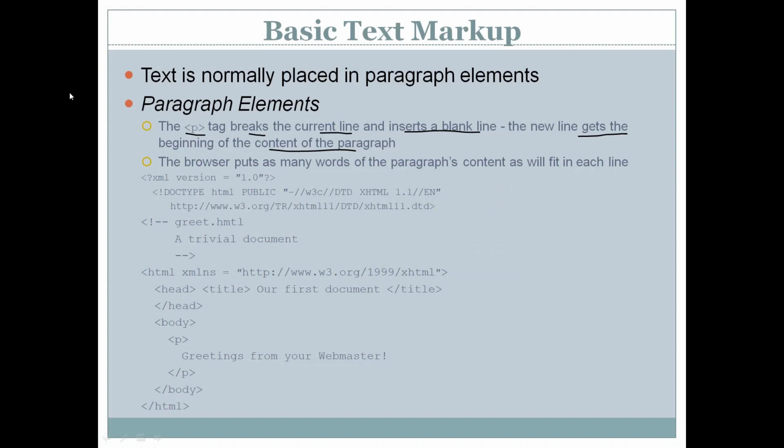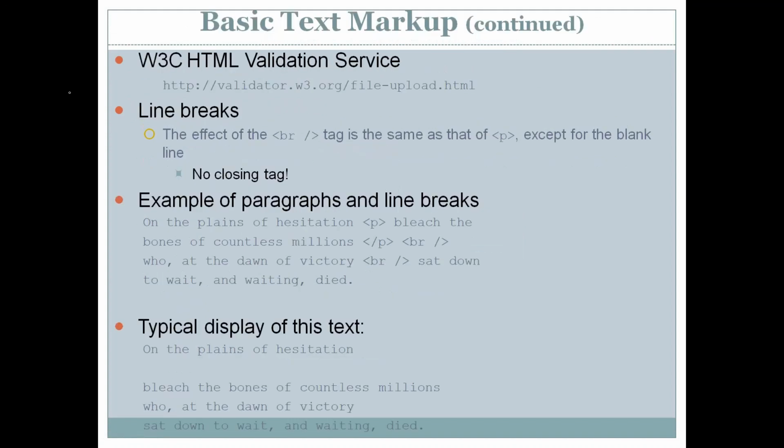Next, one more important thing is the W3C HTML validation service. There is a website which can be used to validate our HTML document, and this website has a URL that is validator.w3.org/file-upload.html.